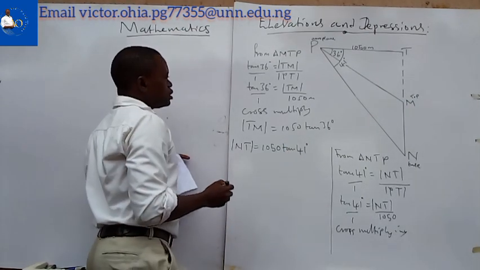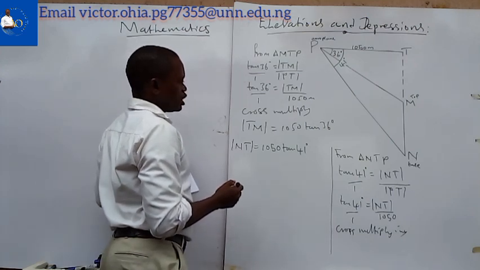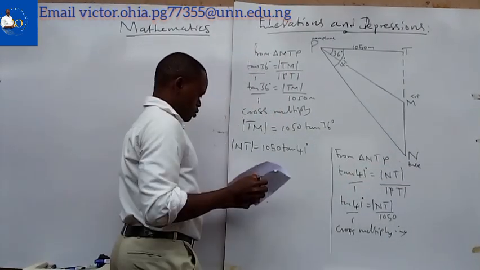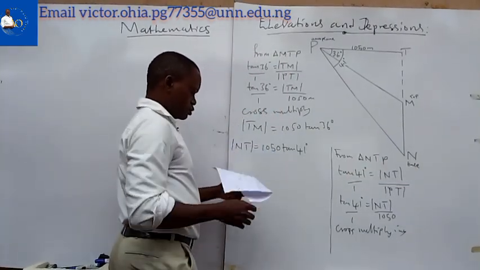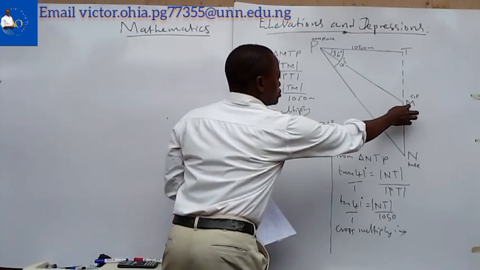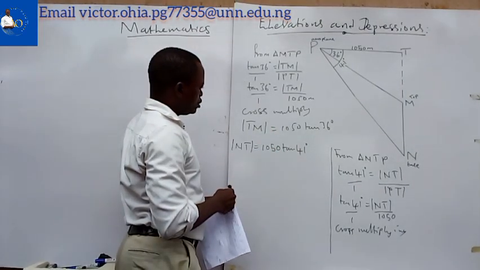Okay. Now, do you realize that what we need here is MN? We need this MN according to the question that says height of the control tower. You get that? The height of the control tower is MN.